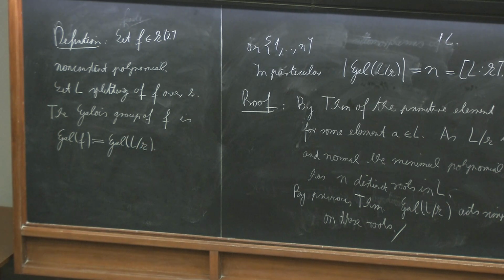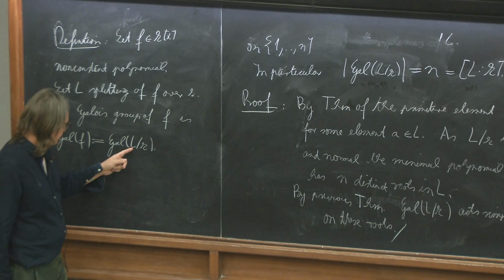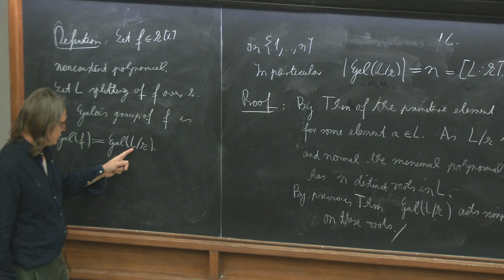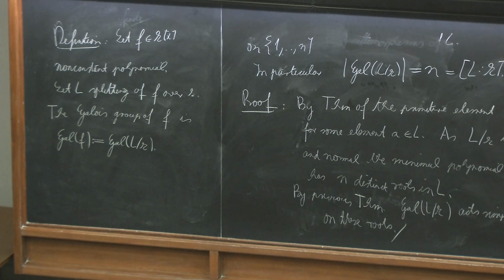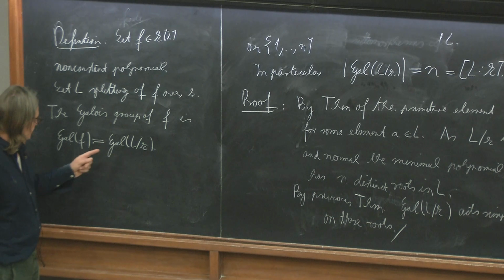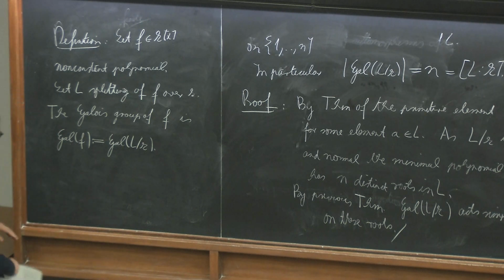Now, as I said, the splitting field is well defined up to k-isomorphism. So any two splitting fields are k-isomorphic, and that means the Galois group of f is well defined up to isomorphism.